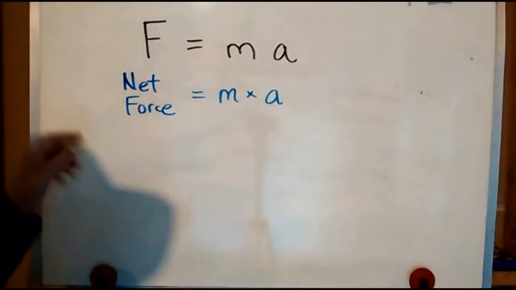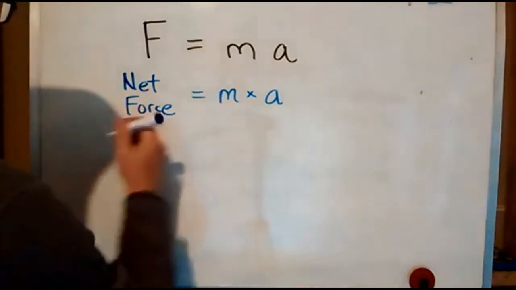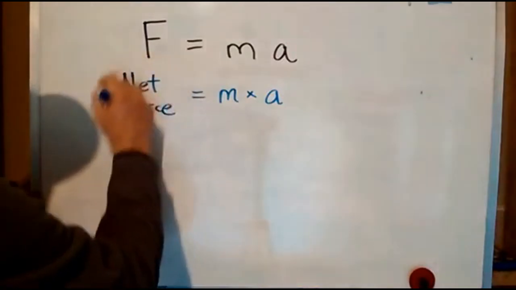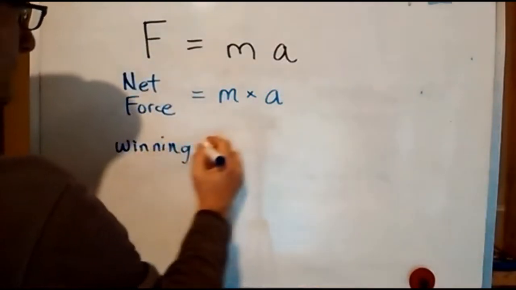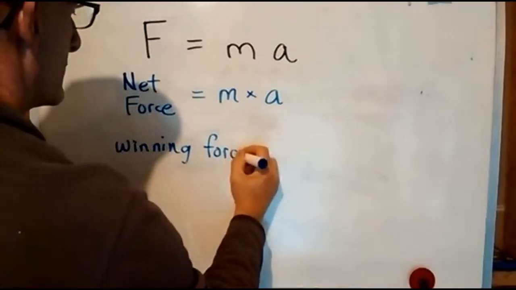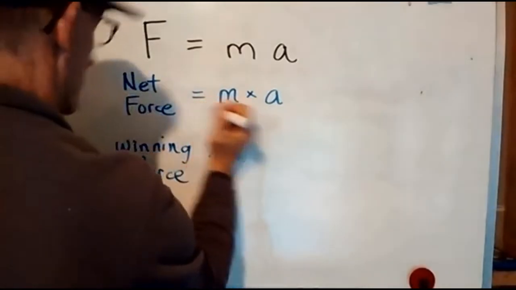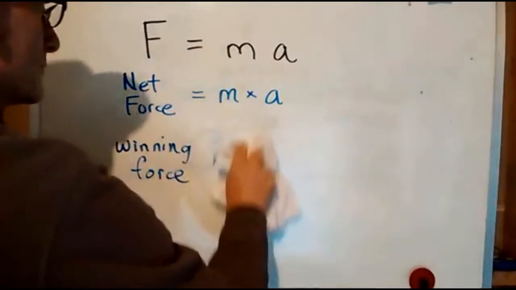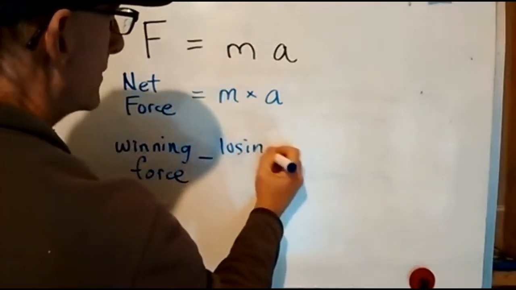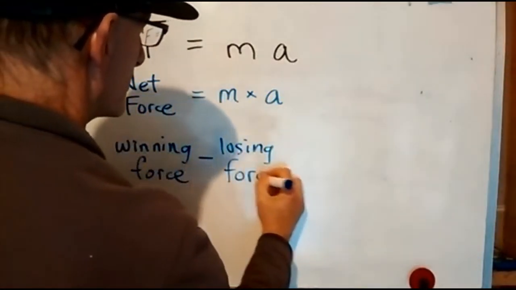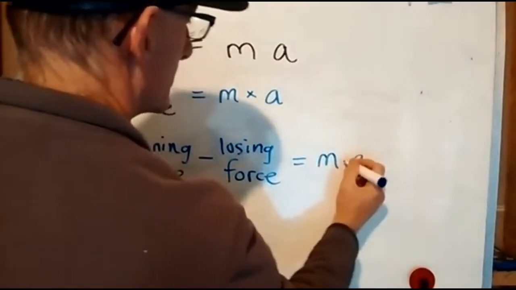So one force will be greater than the other, and that will be the winning force. So we often write net force as the winning force minus the losing force in the tug of war is equal to mass times acceleration.